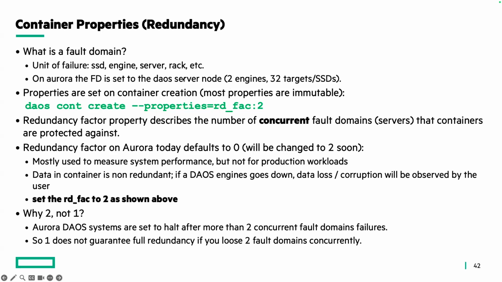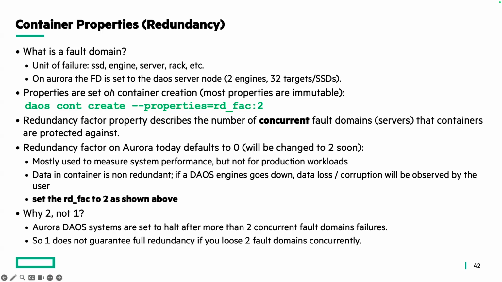We can change that in the future, maybe to a rack, or nodes connected to a particular network switch. But today it's set to a server node, which contains 2 engines and 32 targets. Sorry, it's not SSDs: 32 targets, 16 SSDs. That's what defines a fault domain.